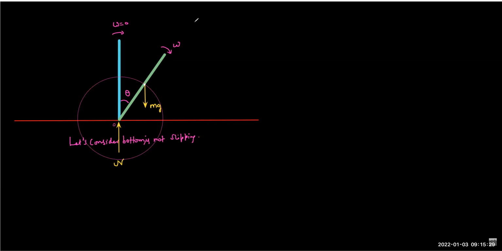Now this will have two different accelerations, as we know. So it will have one tangential, like this. Another will be the centripetal acceleration. So this tangential acceleration we call just a, and this one is omega square L by 2. Now these are the two accelerations. Okay.